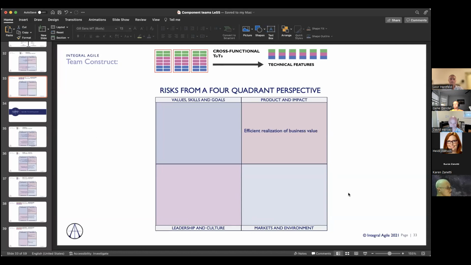As far as leadership and culture on the quadrant, I don't think that based on this, there is a full integration of business and technology in this case. That part is still missing.